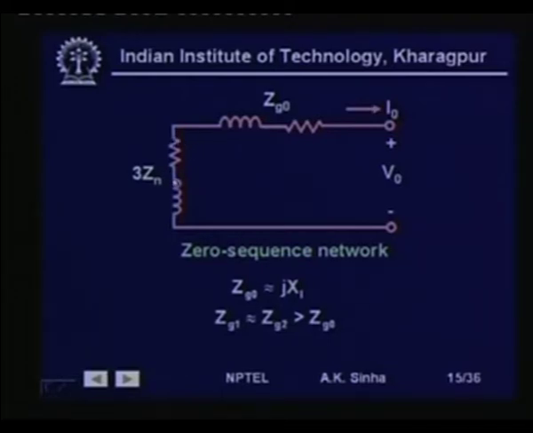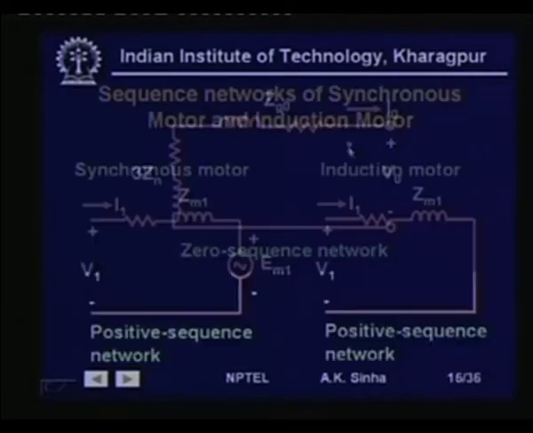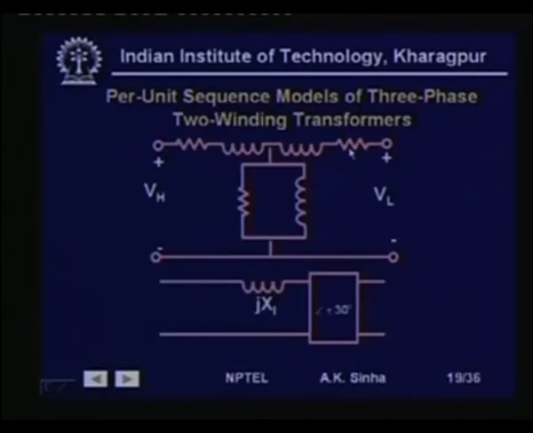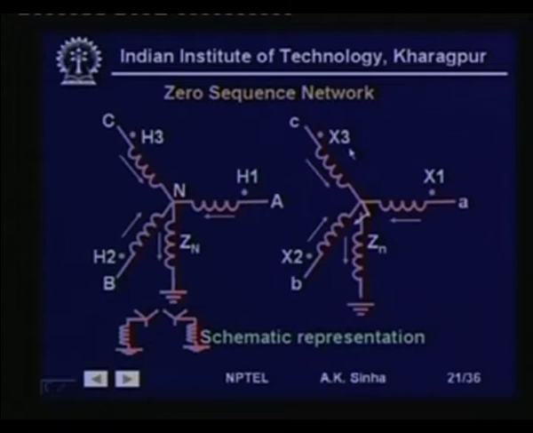So this will be an open circuit and no I0 can flow. So here we find that in case there is no ground connection available, no zero sequence current can flow.